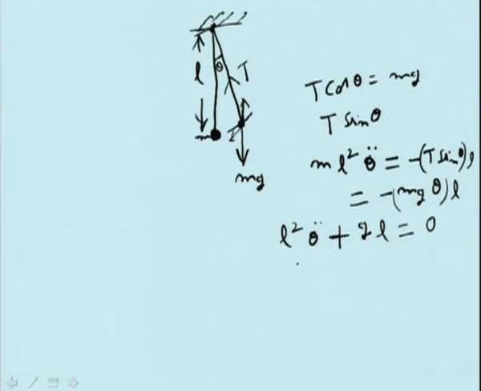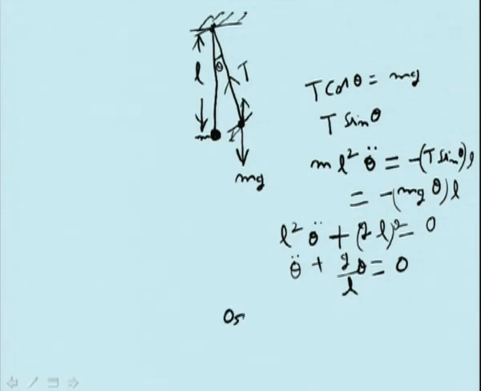So here we get theta double dot plus g by L theta equal to 0.